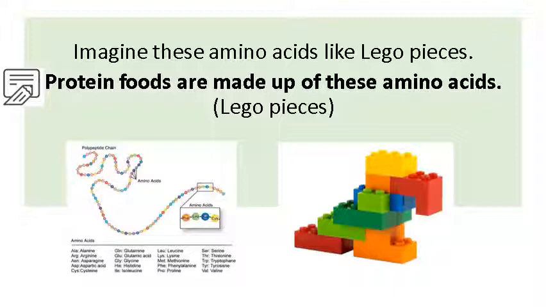Think of the Lego Movie with the master builders, who can change the Lego into different shapes and sizes whenever they wish. It's kind of the same with amino acids. We're taking in these different amino acids, which then help our bodies with different functions, so brain functions, nerve functions, and so on.